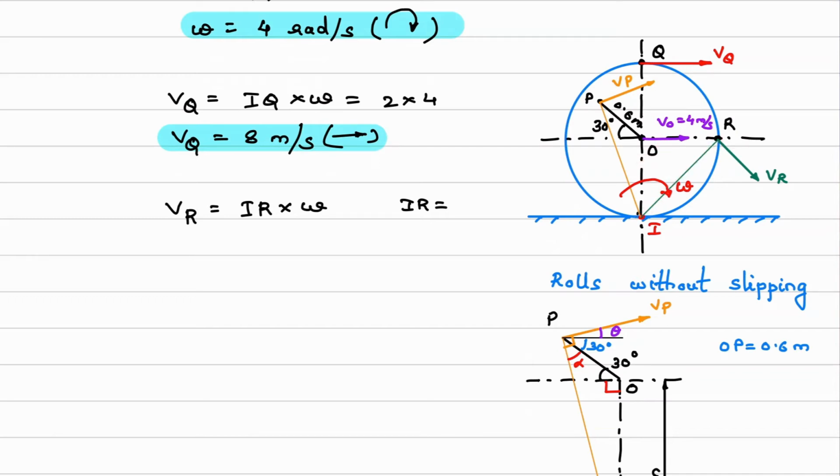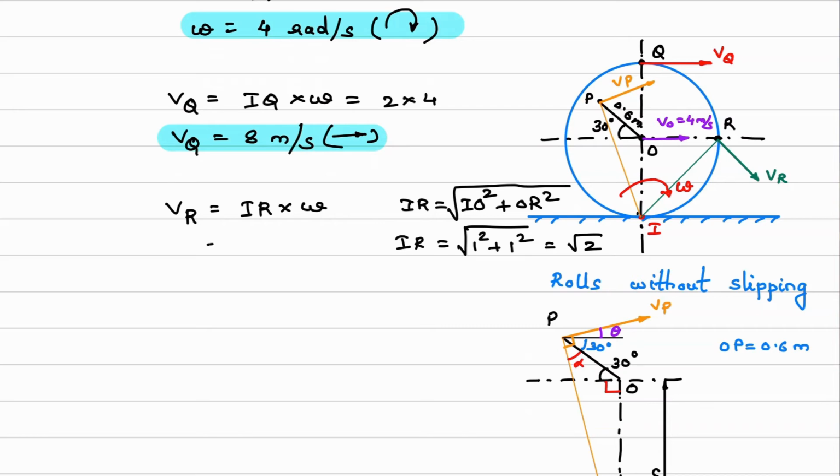Both OR and OI are radius, so it will be 1 meter. So this will be 1 square plus 1 square, so finally under root 2 is IR.